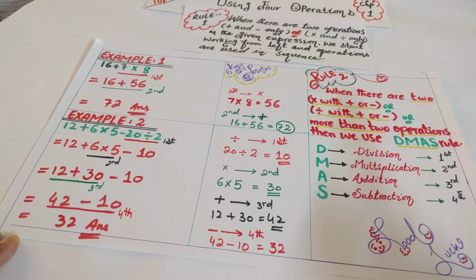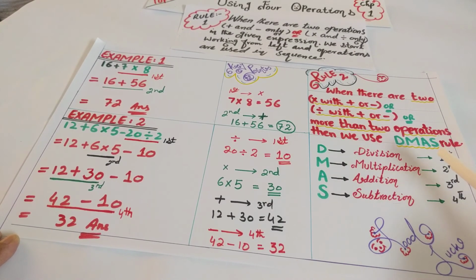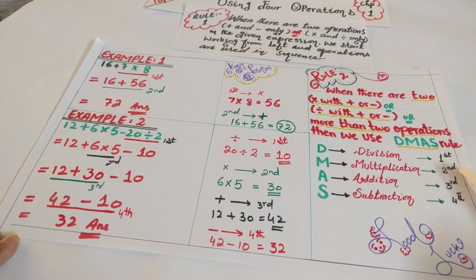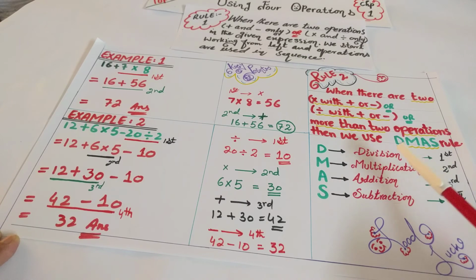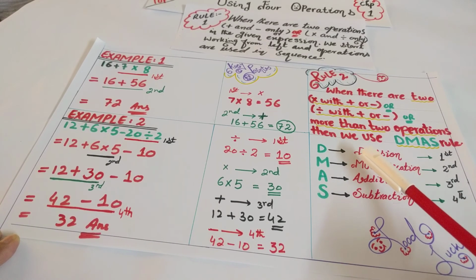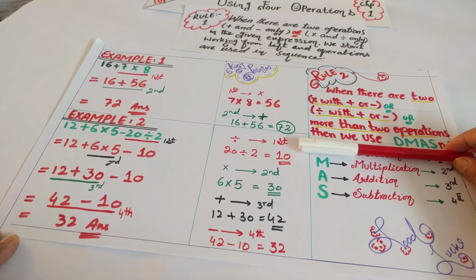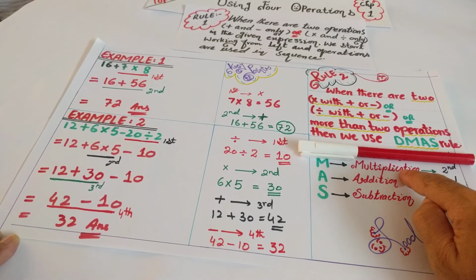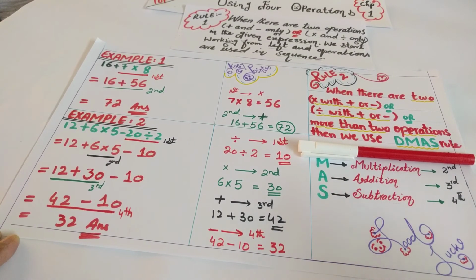What is the DMAS rule? It is actually the order of operations that you will use when you solve your given expression. And the main point is, if any operation is missing in your expression, leave that operation and start working from the next operations according to the given order.